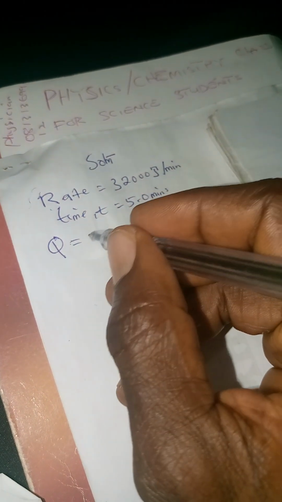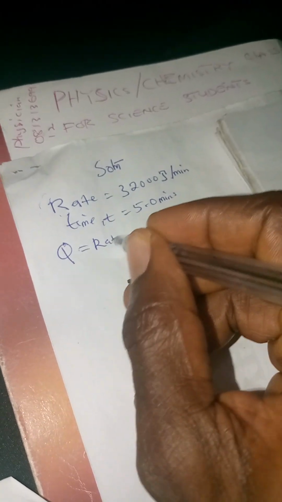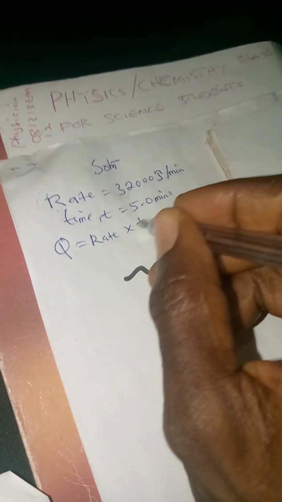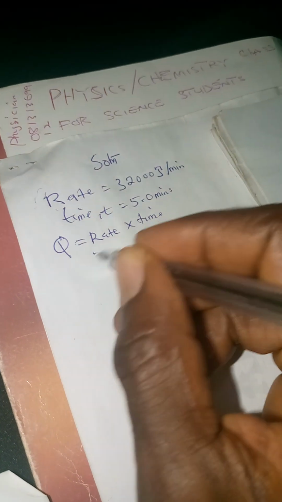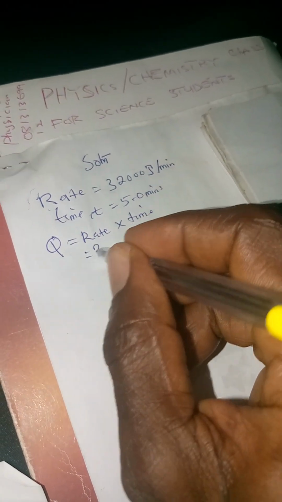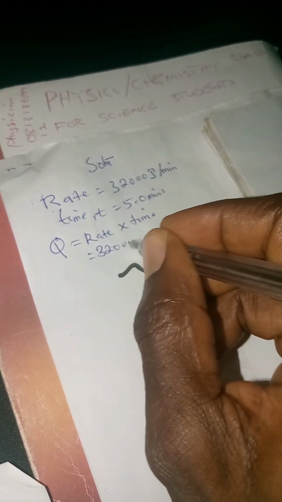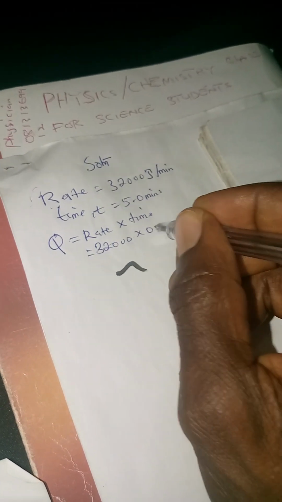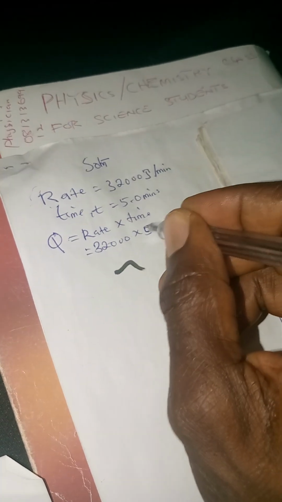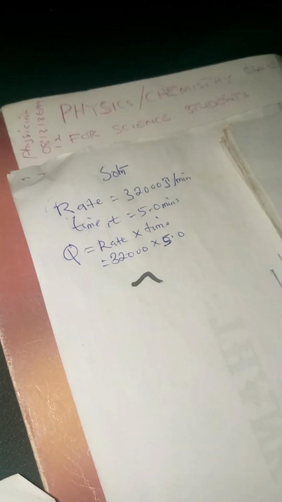To get your quantity of heat, which is Q, you equate quantity of heat, and it is given by rate times time. So what is your rate? 32,000 joule per minute times time, which is 5.0.